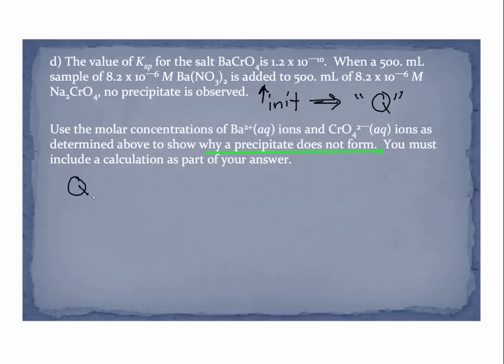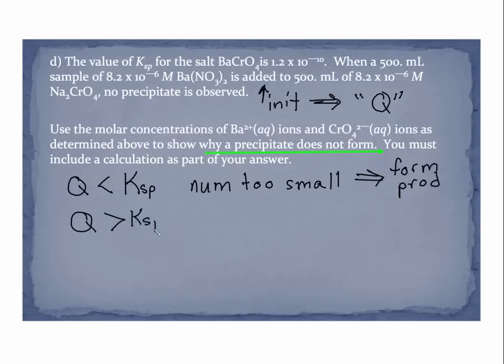It's calculated the same manner, but with different numbers. Now remember, if Q is less than KSP, we don't have enough product. Our numerator is too small. And in order to achieve equilibrium, we're going to have to form product.